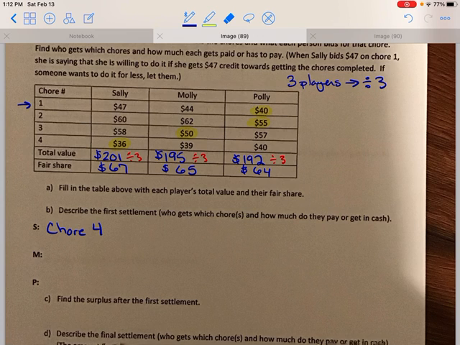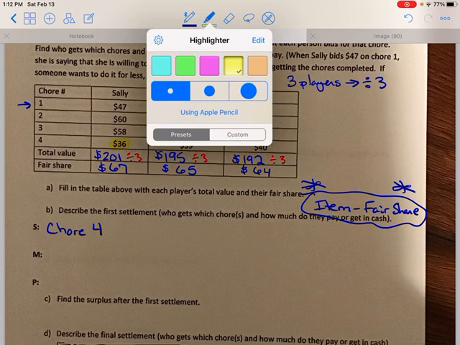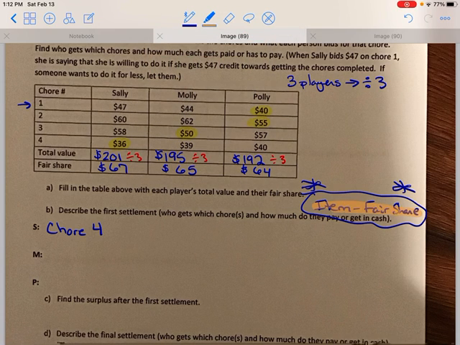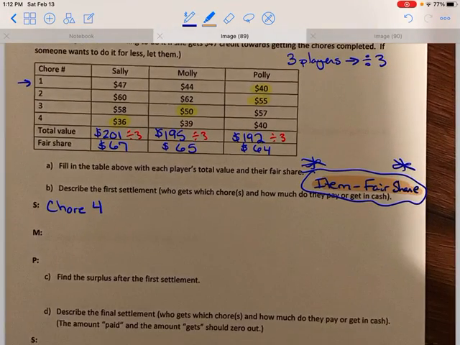This is going to be item minus fair share. So notice this is backwards, right? This is the other difference. So the two differences from regular auctions to reverse auctions are lowest bidder, that's the first difference, and then item minus fair share.